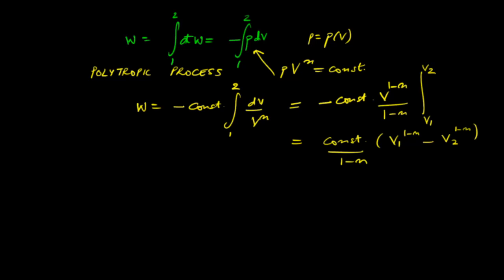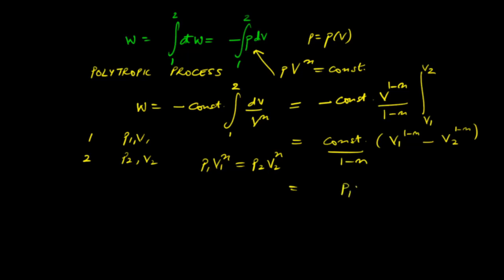And what is this constant? So if we know state 1, characterized by pressure P1 and V1, and state 2 characterized by pressure P2 and volume V2, then this constant can be both P1 V1 raised to power n or P2 V2 raised to power n. So for the first term, we can choose this constant to be P1 V1 raised to power n. That is how we can write it.